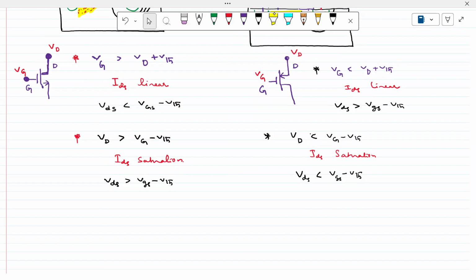Saturation. More positive, where do we need to apply? Drain, right? Drain should be more positive than the gate. What is the minimum condition? At least the difference between these two must be the threshold voltage.